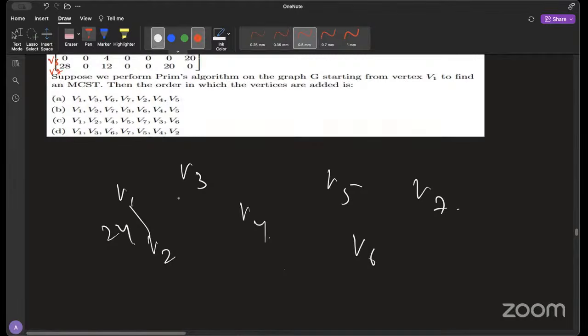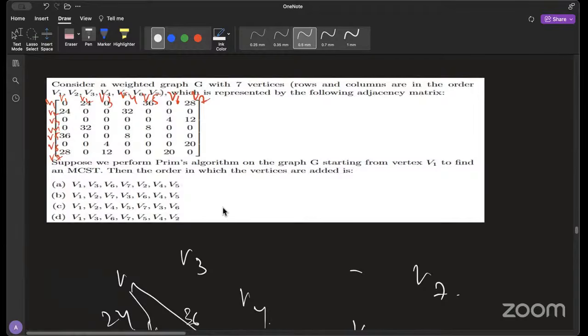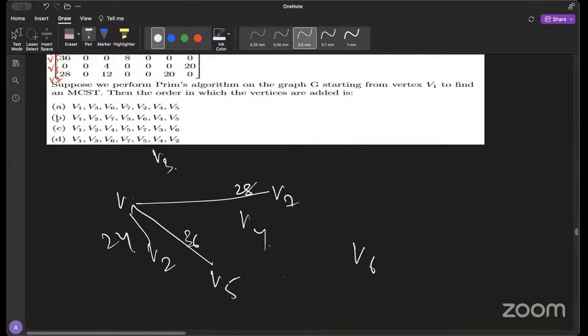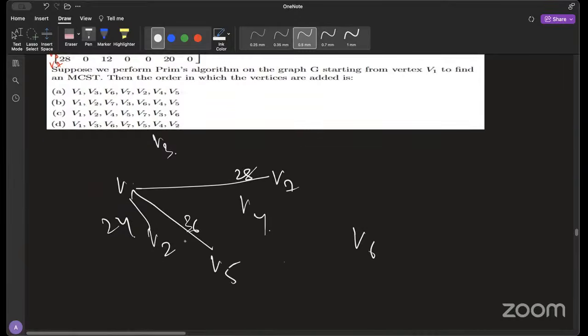With V5, we have 36, then V7, 28. Then next, from V2 to V1 it's 20, that's already done. Then V2 to V4, it's 32.